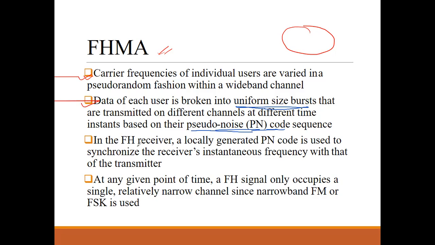So in this FH receiver, that is frequency hopping receiver, a locally generated PN code is used to synchronize the receiver's instantaneous frequency with that of the transmitter. Okay, as I think all of you know, you have studied the coherent modulation technique. Coherent modulation में क्या था?